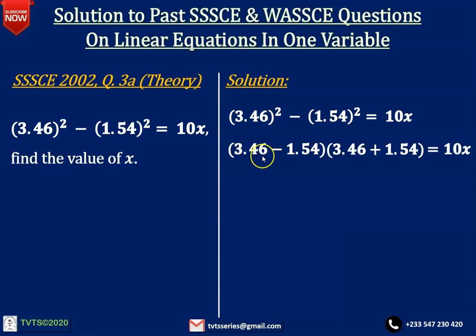3.46 minus 1.54 is 1.92, and 3.46 plus 1.54 is 5, which is equal to 10x. 1.92 times 5 is 9.6, is equal to 10x.